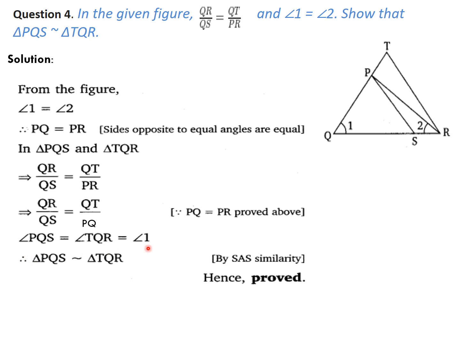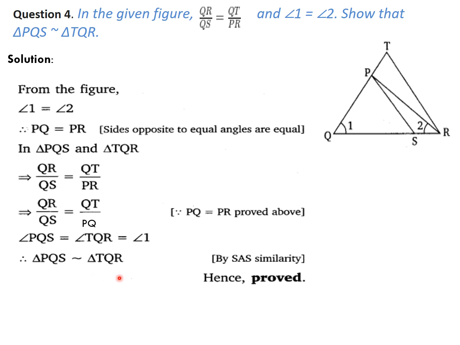That is, angle PQS is equal to angle TQR, that is equal to angle 1. Hence we can say that by the SAS similarity property, they are similar because side, angle and side. So the SAS similarity criterion proves that triangle PQS is similar to triangle TQR.